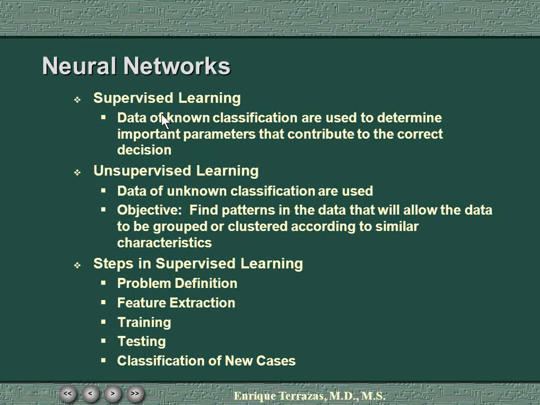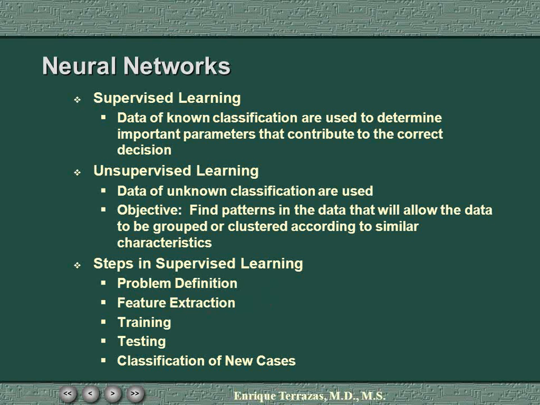You can have supervised learning, where you take data of known classification and use that to determine important parameters that contribute to the correct decision. Or you can have unsupervised learning, where you have data of unknown classification, and your objective is to find patterns in the data that allow the data to be grouped or clustered according to similar characteristics. Most of the time you use supervised learning.